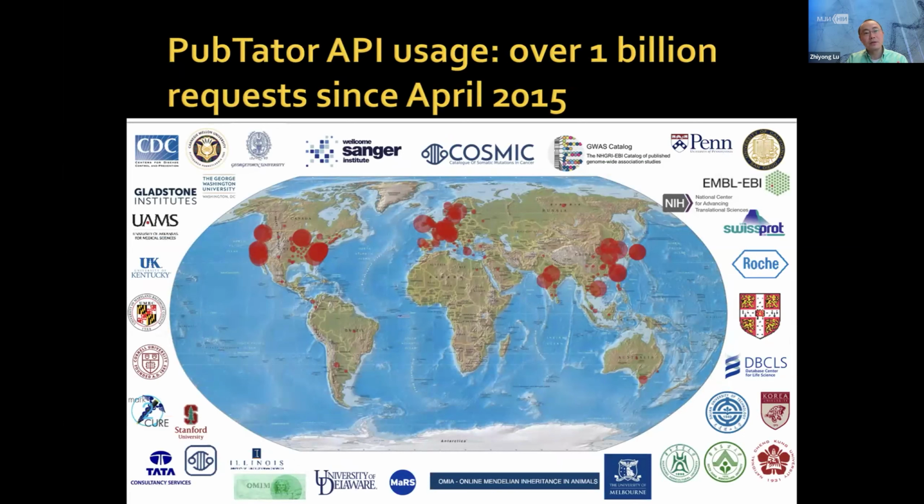PubTator has been utilized for a variety of reasons and use cases. Oftentimes, when I or somebody in my group makes a presentation about PubTator, somebody will come to us afterwards and say, we are a user of your tool. Then we follow up these conversations about how the tools are being used in different use cases.